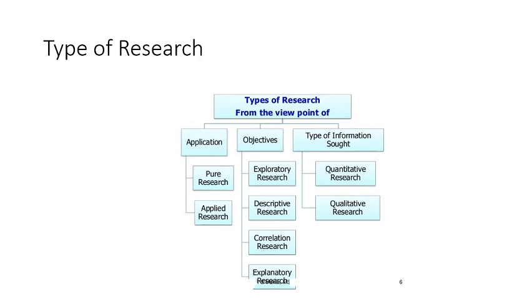In class I have told you, on the basis of application, research may be divided as pure and applied research. Pure may be said as basic research, so basic and applied research. When you write research design, you need to clearly mention whether it is a basic research or applied research, either exploratory, descriptive, correlational, or explanatory research, and either qualitative or quantitative.